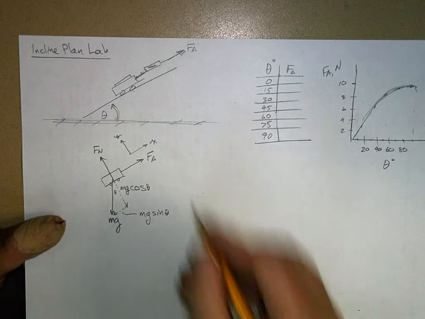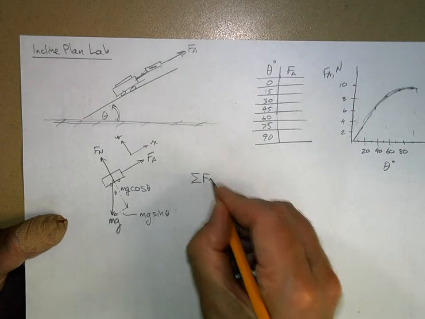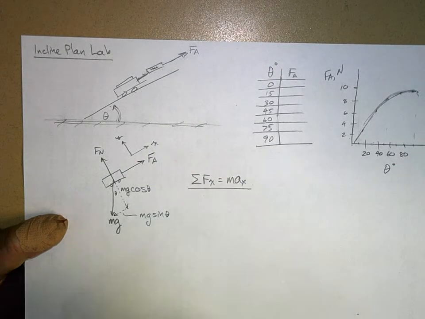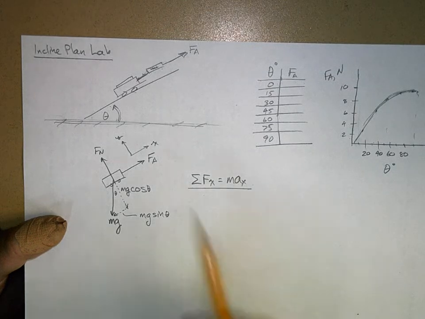Now, if we sum the forces in the x direction, it should be equal to ma in the x direction. Right, we're doing step 4 of the procedure now. Well, look at the free body diagram. Let's look in the x direction. What forces are acting in the x direction?